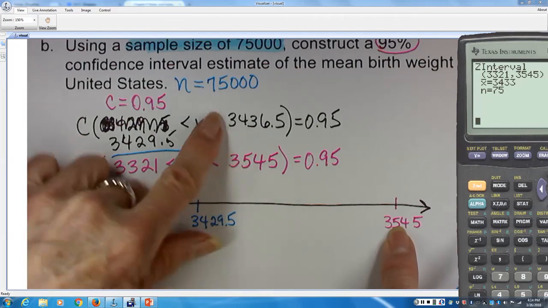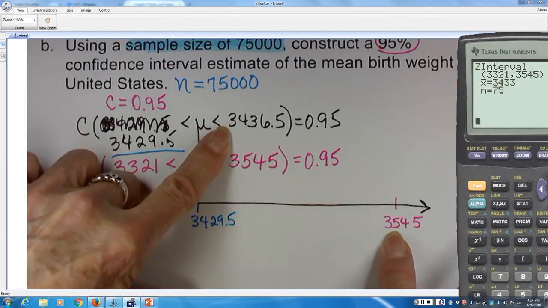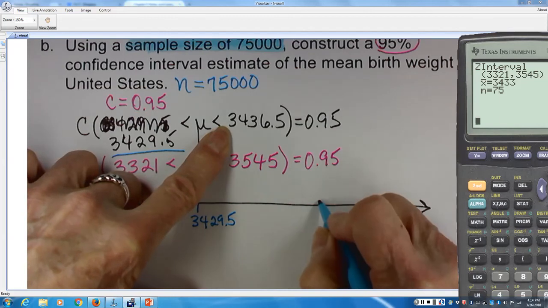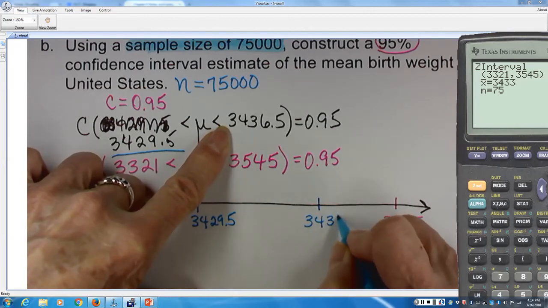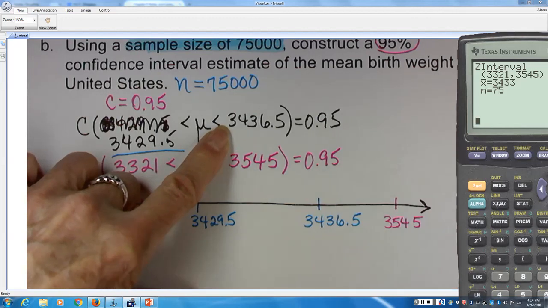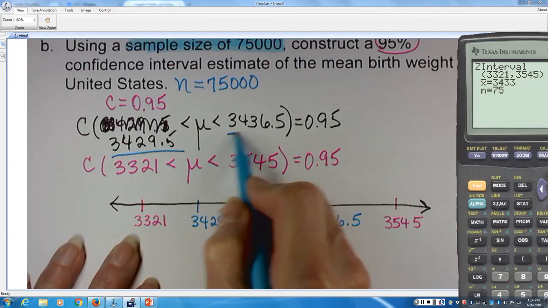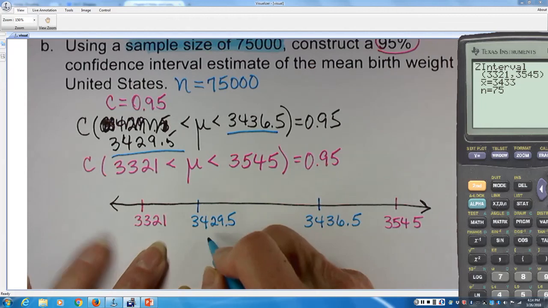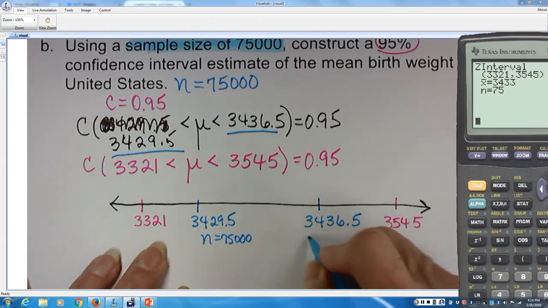And 3436 is less than 3545. And then 36.